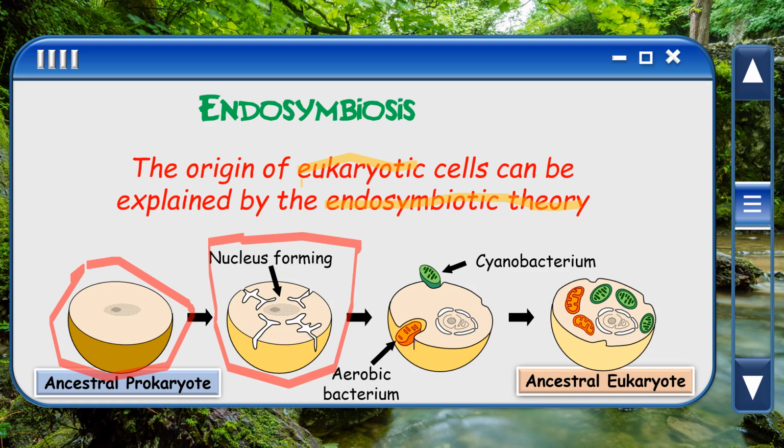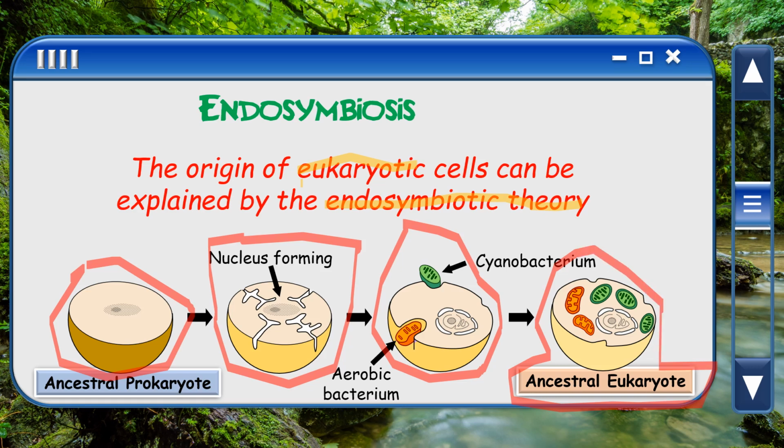After developing the nucleus, other microorganisms started entering the prokaryotic cell. It engulfed these microorganisms, which were not digested. They remained inside the cell and started doing work for the engulfing prokaryotic cell. And now this prokaryotic cell turned into what we now call the present eukaryotic cell.